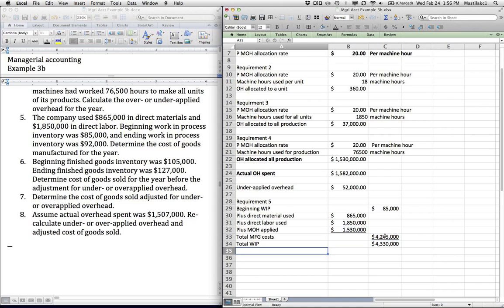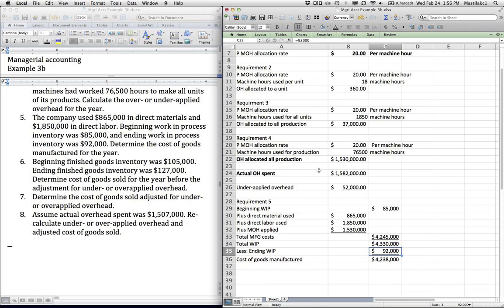We can subtract from that our ending work in process and determine how much our cost of goods manufactured is. Our ending work in process is $92,000. And so our cost of goods manufactured is our total WIP minus our ending WIP, then $4,238,000.